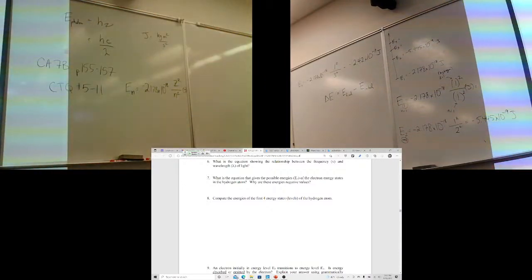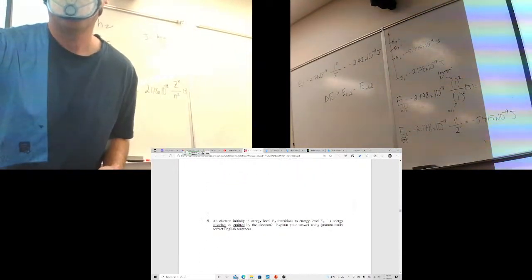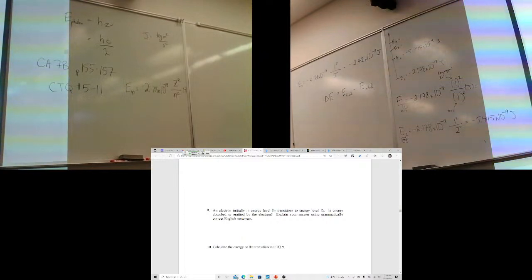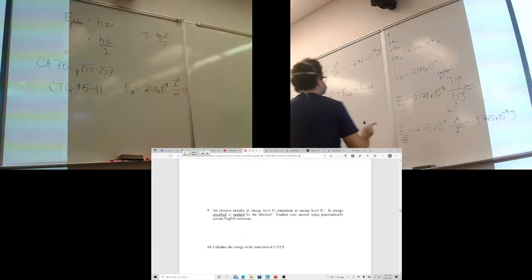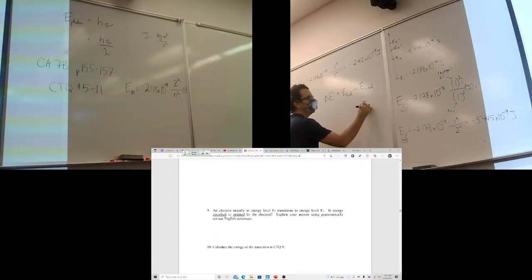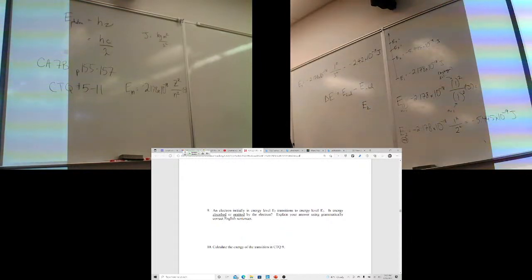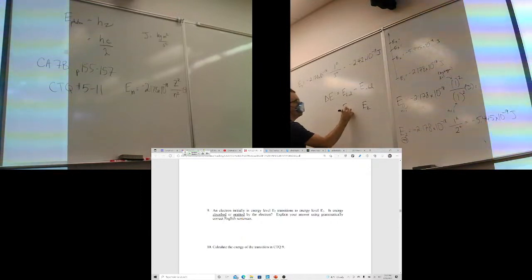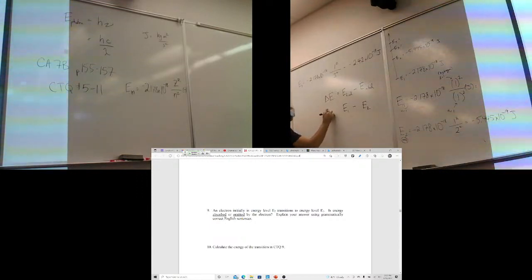So in problem 9, we're talking about an electron that started in energy level 2. That's the initial energy. It started at energy level 2, and it transitioned to energy level 1. The final energy state was energy level 1. So the change in energy is going to be E1 minus E2.